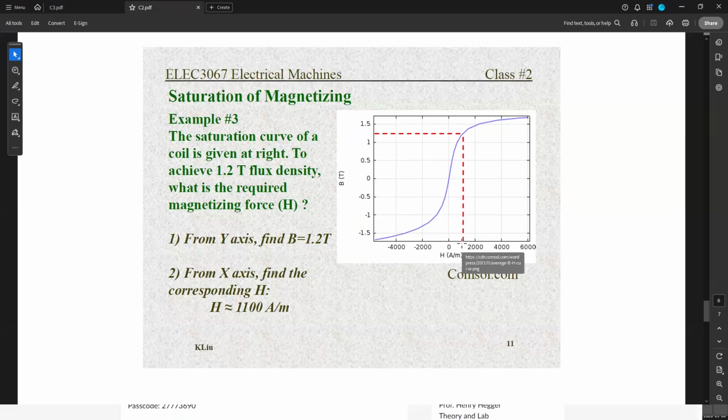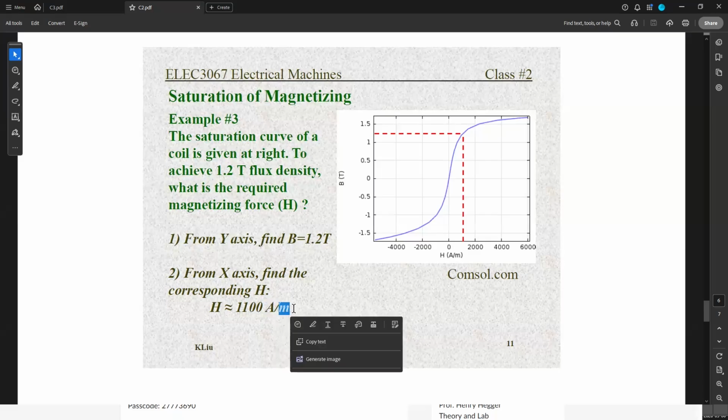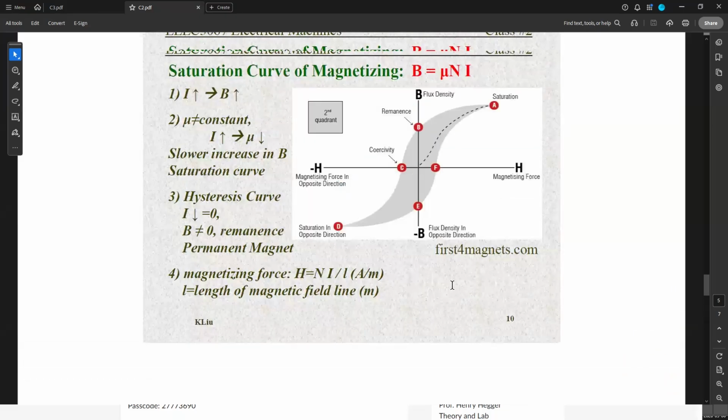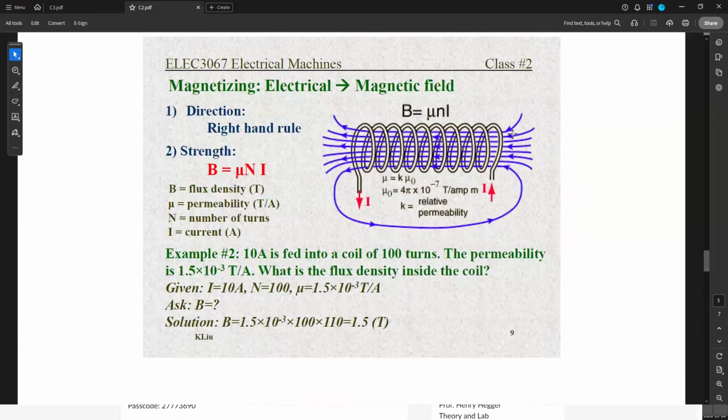In this case, we need about 1100 amp-meters, because the unit of magnetizing force is amperes per meter. The meters of what? It's not the length of the wire, although sometimes it coincides with that. This is the length of the magnetic field line, which would be something like from here to here.